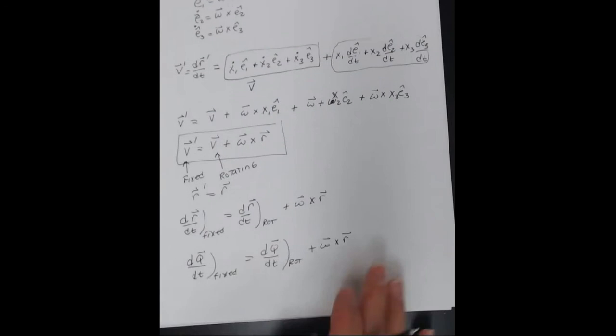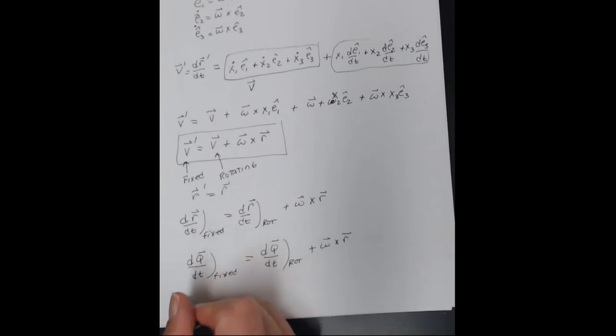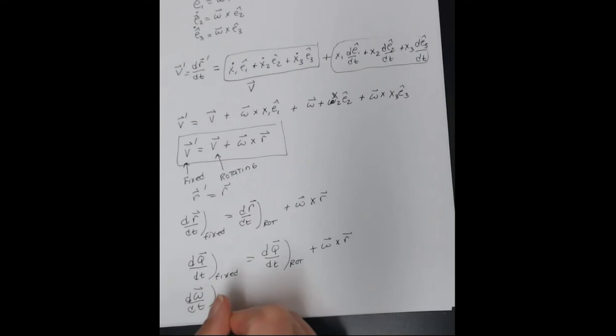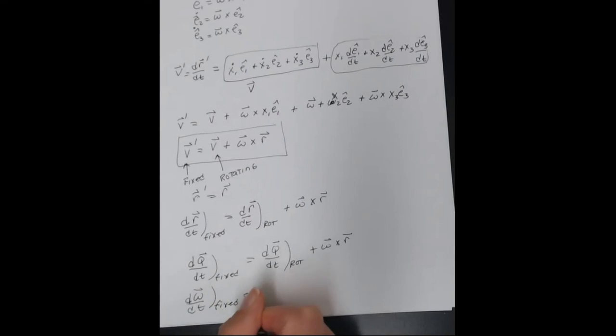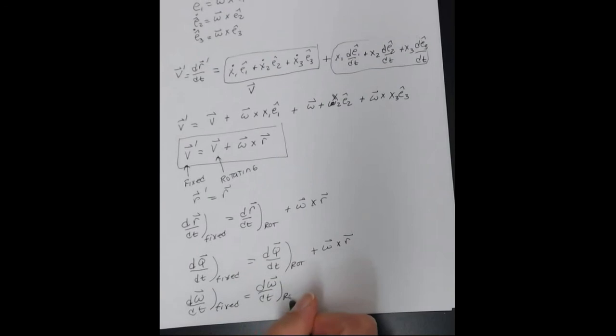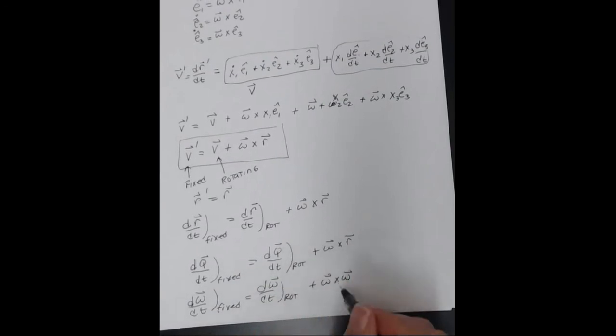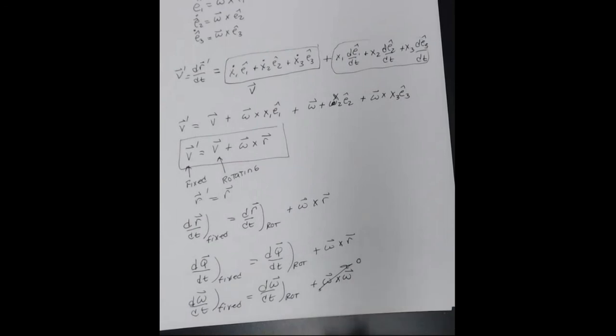For our example, instead of q it could be omega. We could say d omega dt as seen from the fixed frame is equal to d omega dt seen in the rotating frame plus omega cross omega. But what is omega cross omega? That's 0. So the change in omega seen from the fixed frame is the same as in the rotating frame.